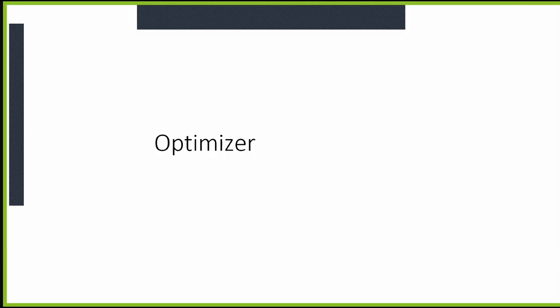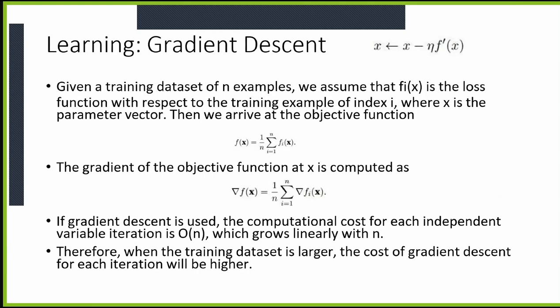So basically, the goal of the optimizer is to converge to an optimal set of parameters. Gradient descent is the foundational optimization algorithm, which we have covered, I believe, even in the previous lectures.